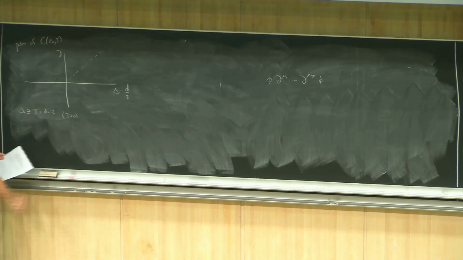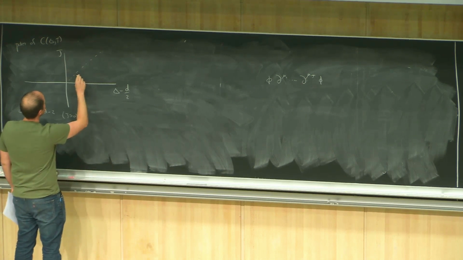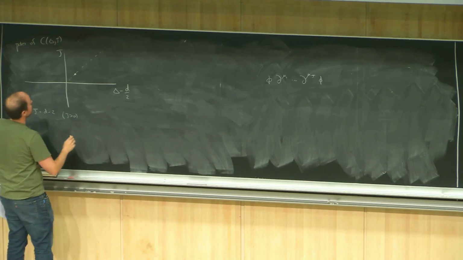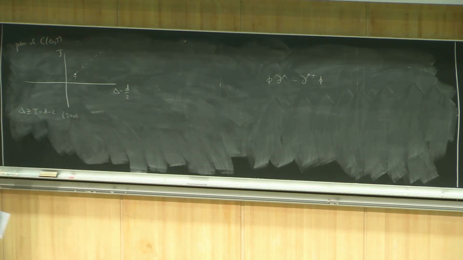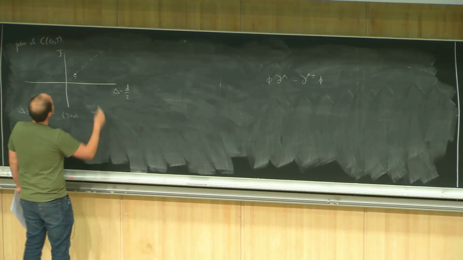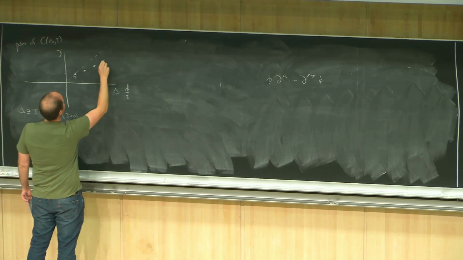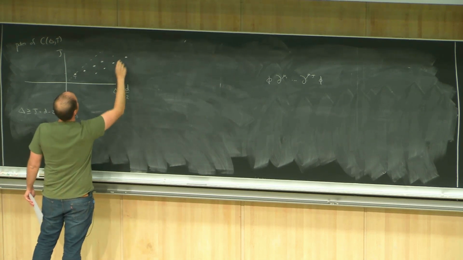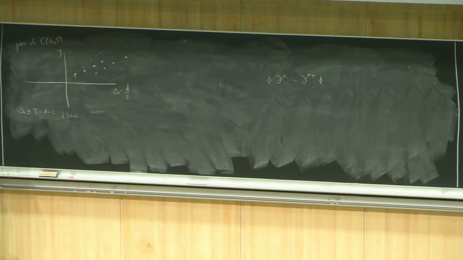Local operators satisfy the unitarity bound, so they sit somewhere to the right of this dashed line. One important local operator is the stress tensor with dimension d and spin 2. And then there will be other operators that are necessarily to the right of the unitarity bound, and they're all points on this plot somewhere.